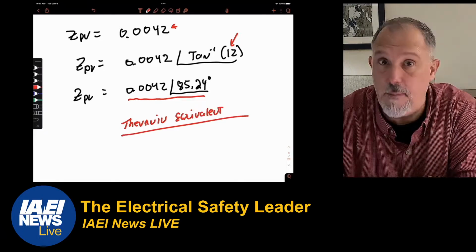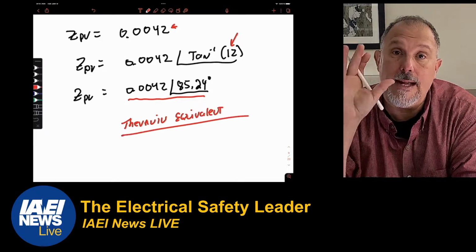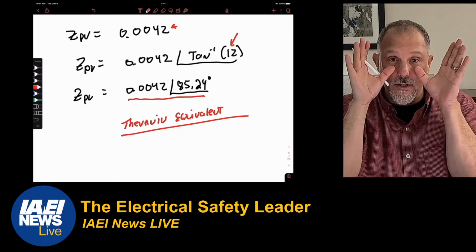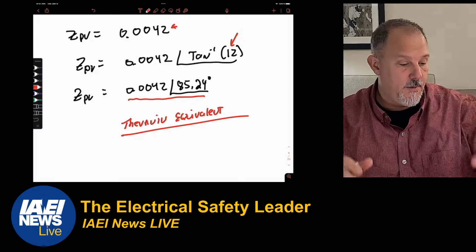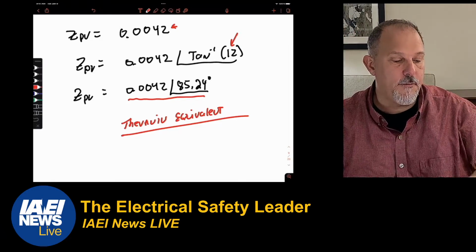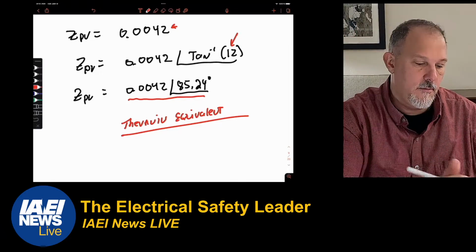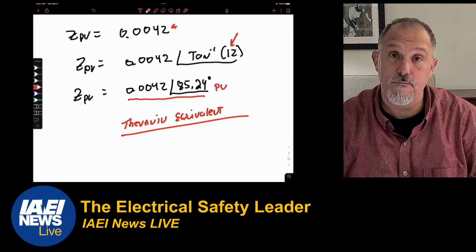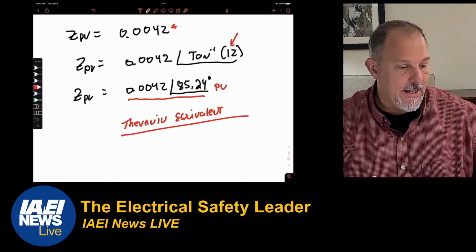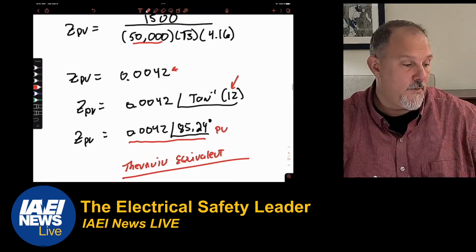Good old Thevenin equivalent. If I was looking back to the utility from an impedance perspective, I would see 0.0042 per unit at an angle of 85.24 degrees. So that is my impedance for the source.